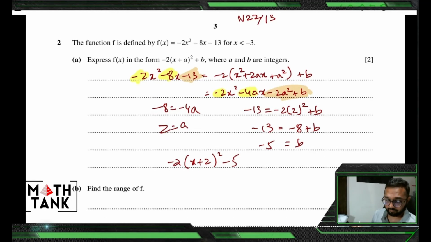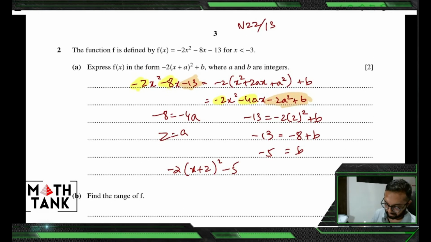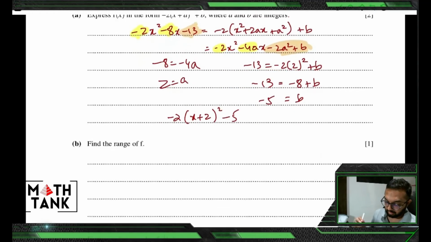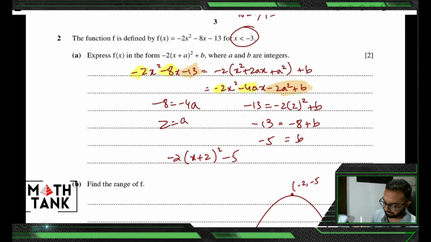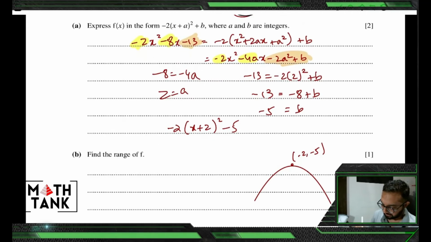Find the range of f. So remember that the range has to do something with the domain. So always sketch. Again, this is a sad face curve with the turning point minus 2 comma minus 5. But I see that the graph is basically not starting from minus 2, it's starting from minus 3. So let's see where it is at minus 3.